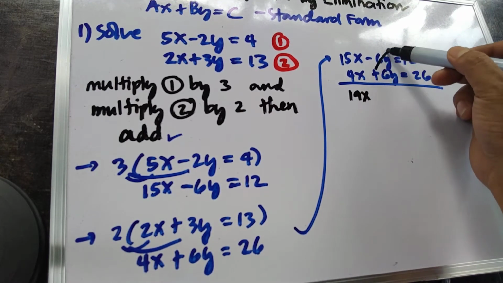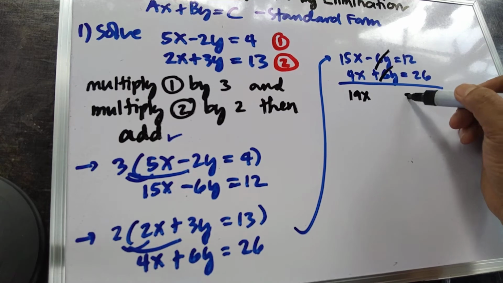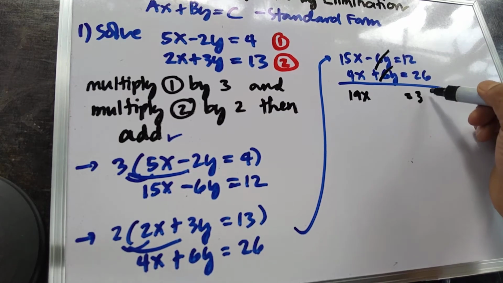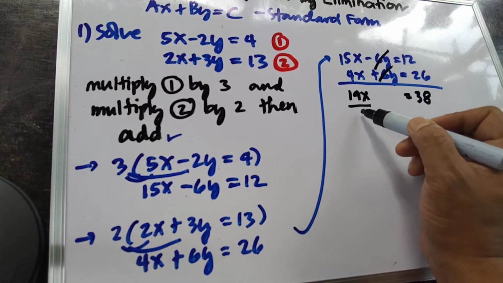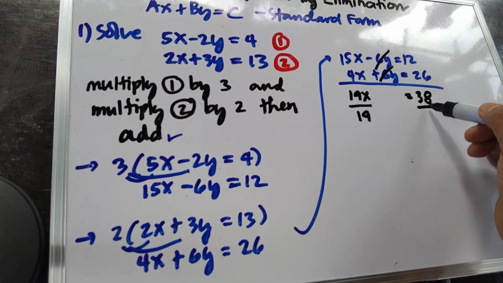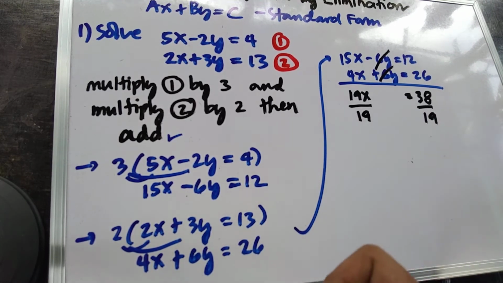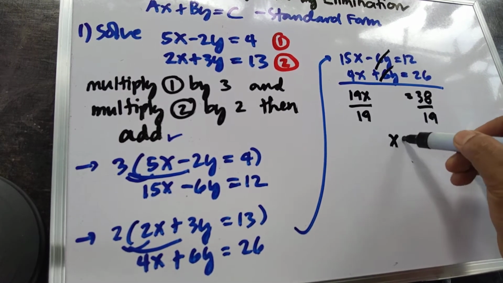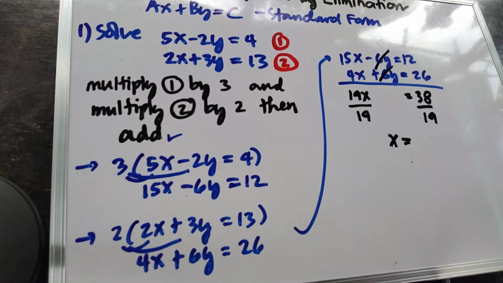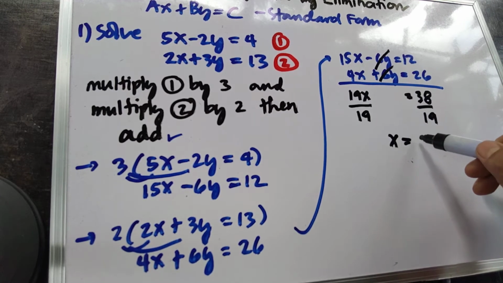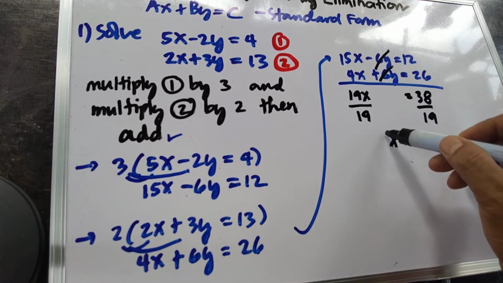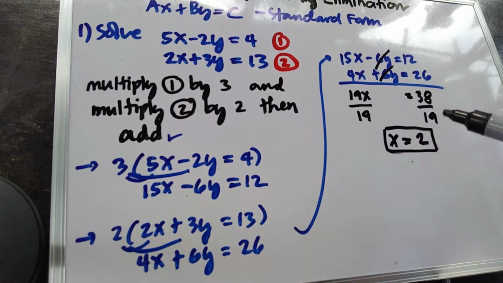Negative 6 plus 6, so that is 0. Is equal to 38. So 19x is equal to 38. We simply divide both sides by 19. Therefore, x is equal to 38 divided by 19, which is 2. So the value of x is 2.